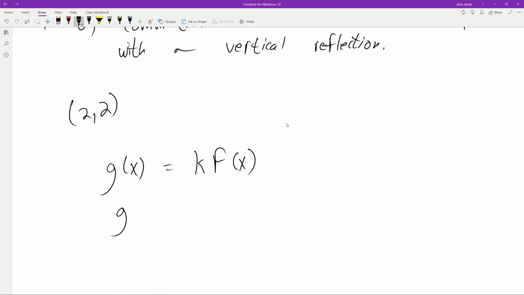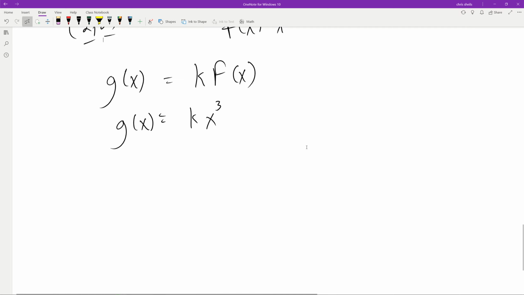So I know that my g of x has to be some number k times x cubed, since here I have f of x equals x cubed. Now I can plug in my x value and my y value. I can plug in my x value for x, I can plug in my y value for g of x, and I can actually solve for k.